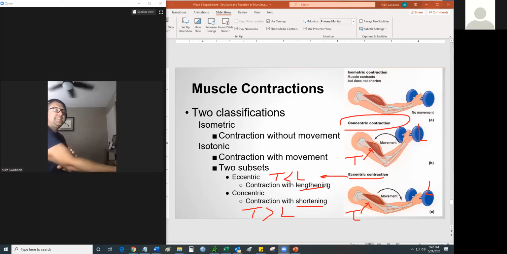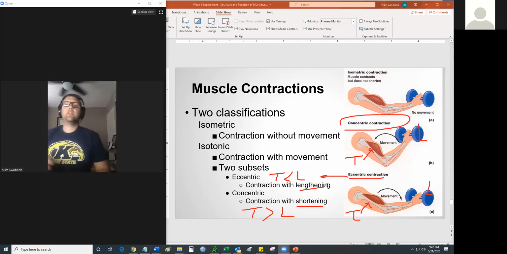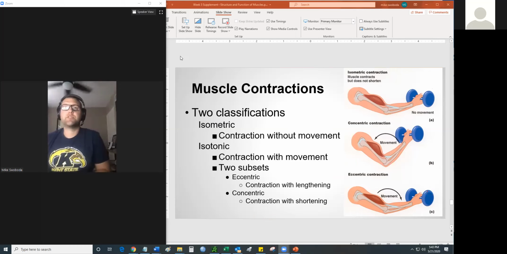That is your eccentric contraction. So eccentric, the load is greater than the force you can produce. Concentric, the load is less than the force you can produce. A concentric contraction is contraction with muscle shortening. An eccentric contraction is contraction with muscle lengthening.